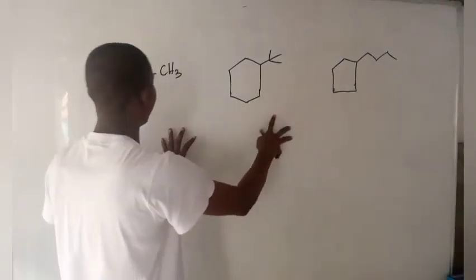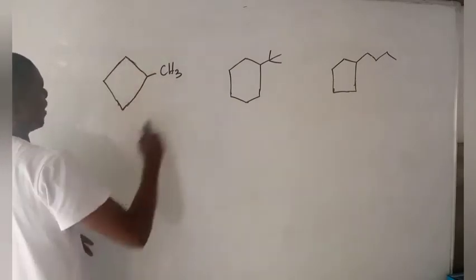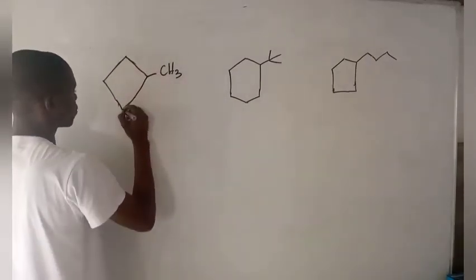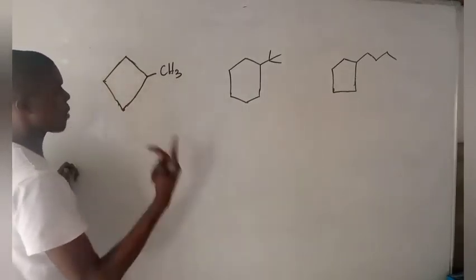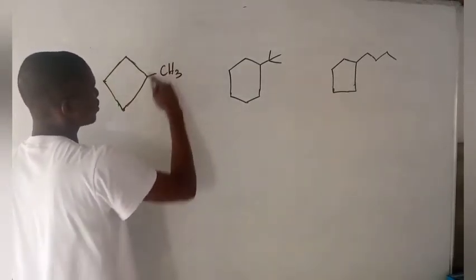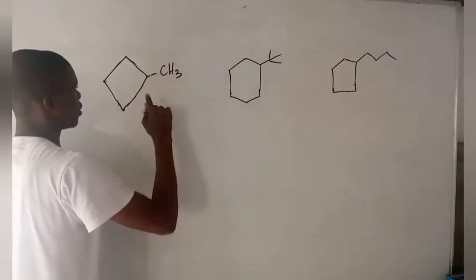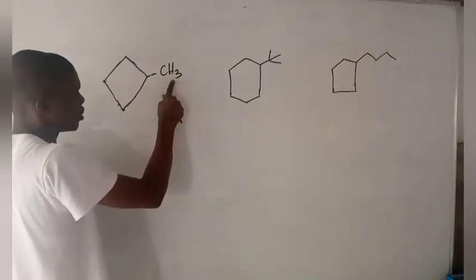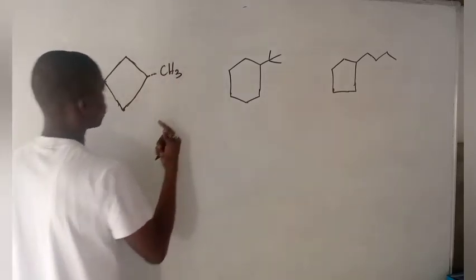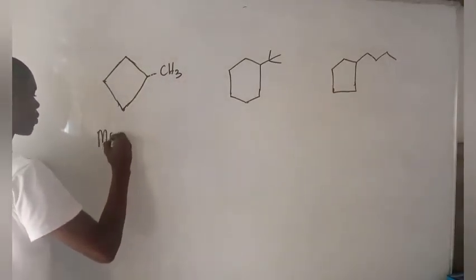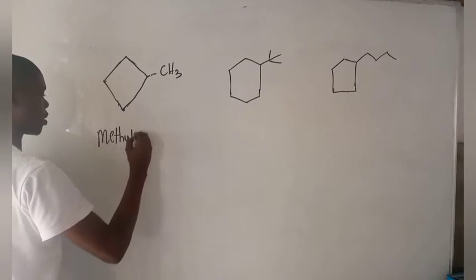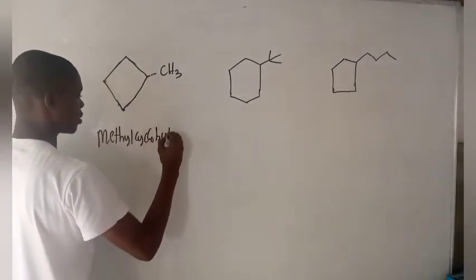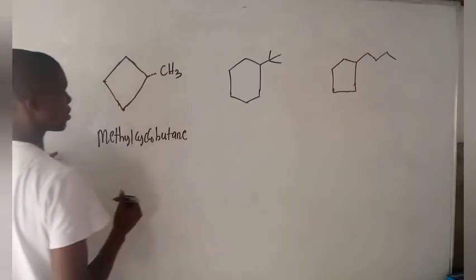Now look at this one here. The ring has 4 carbon atoms: 1, 2, 3, 4. While the side chain, the alkyl, has 1. So the ring has more carbon atoms than the side chain, so the side chain becomes the substituent. You now get methylcyclobutane.